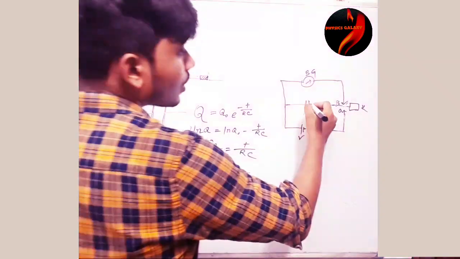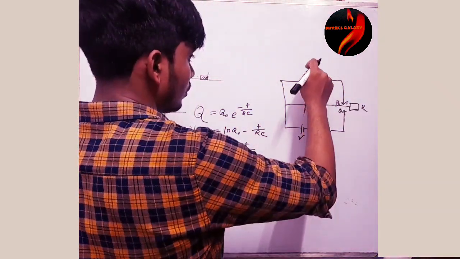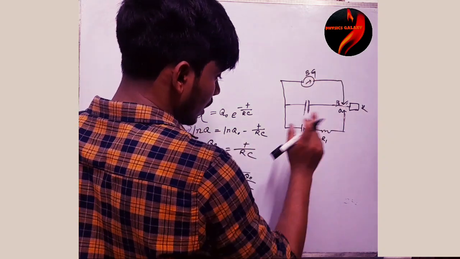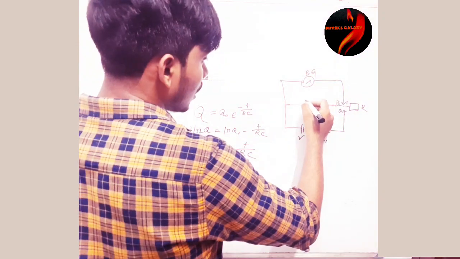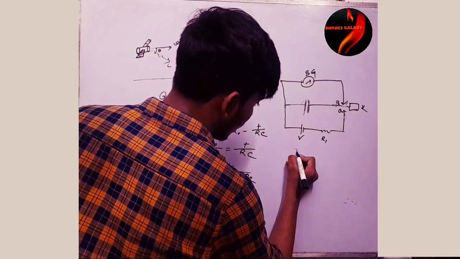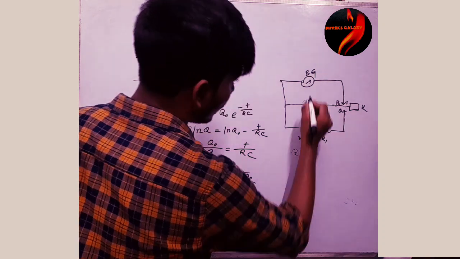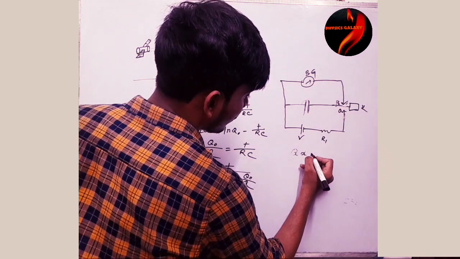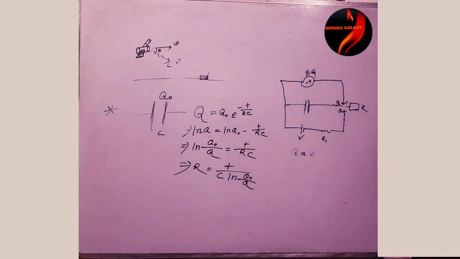The ballistic galvanometer shows some deflection, which is directly proportional to the charge stored in the capacitor. So basically the charge Q at that moment is proportional to the deflection D.